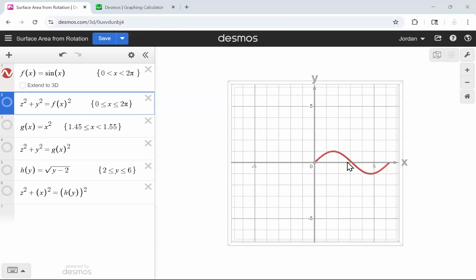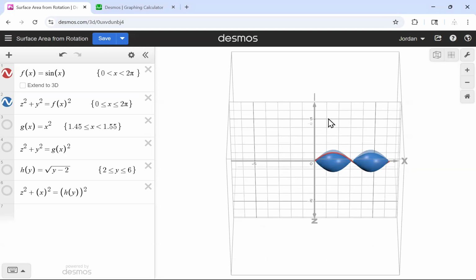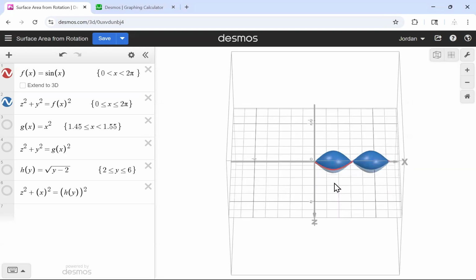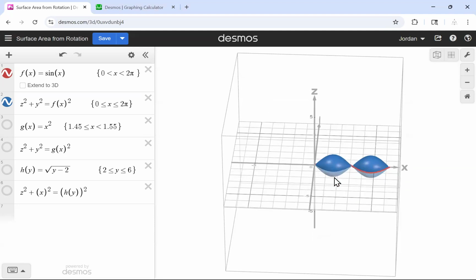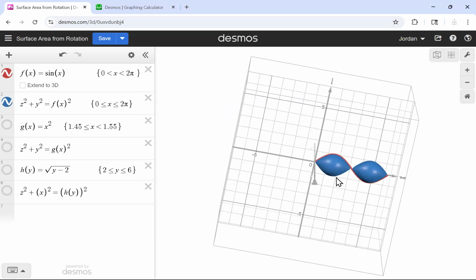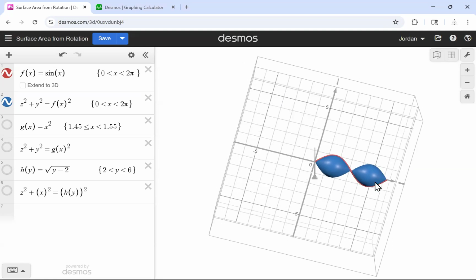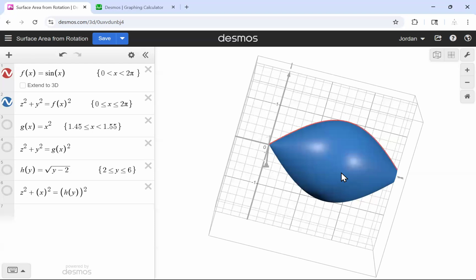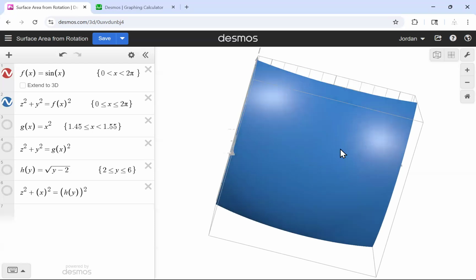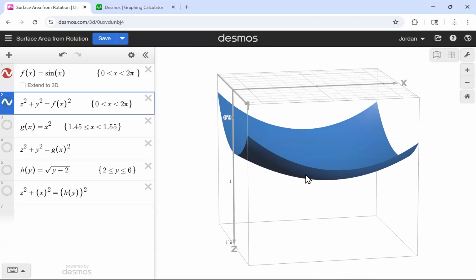By the way, in this case, again, here's our sine curve. Rotating that around is going to give you this object here. It looks like two almost ball shapes in a line. Not quite ball, football type shapes. Sine shapes, I guess. By the way, if I zoom into these, yep, there we go. Zoomed into these, they are hollow.